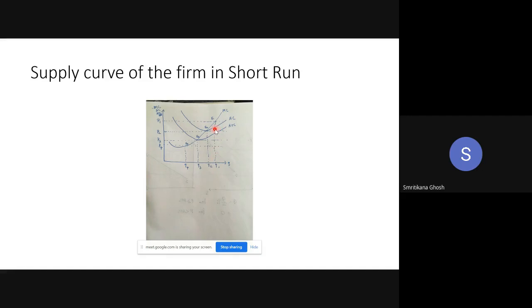Average cost is from here, I don't know the name, anything, ABCD, to Q1. So you can see from the diagram that average revenue is greater than average cost for Q1, so total revenue is greater than total cost. That means profit. So if the price is P1, the farm is earning profit.